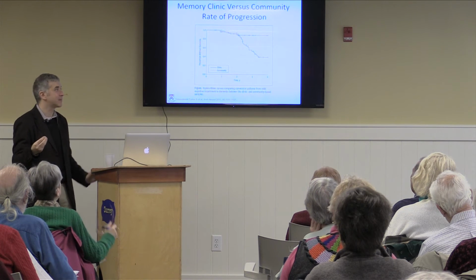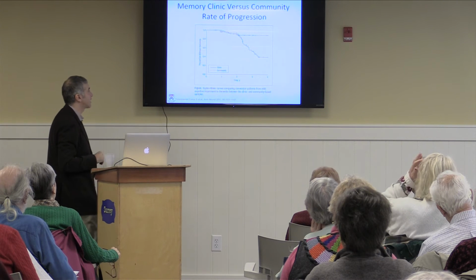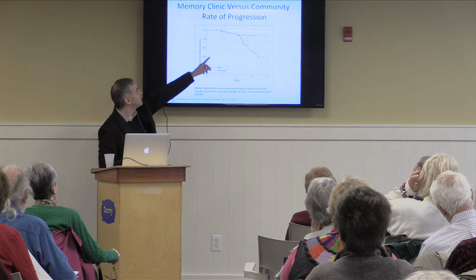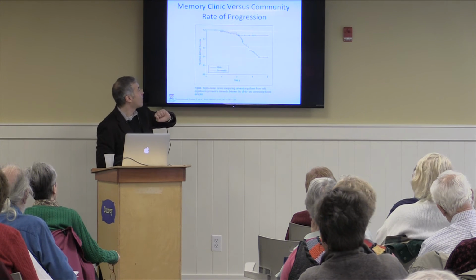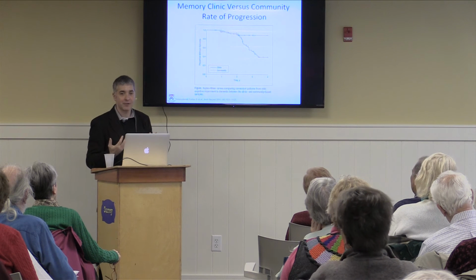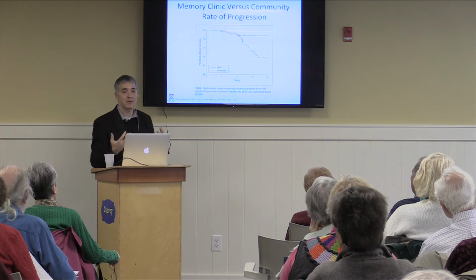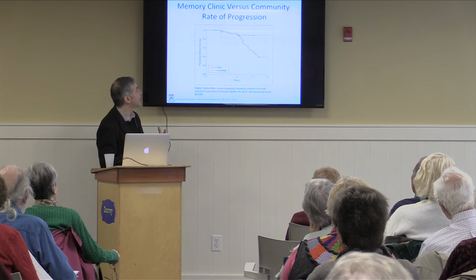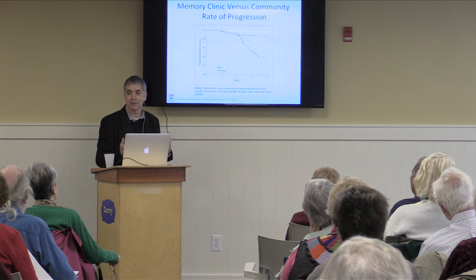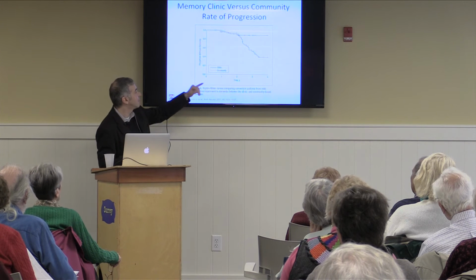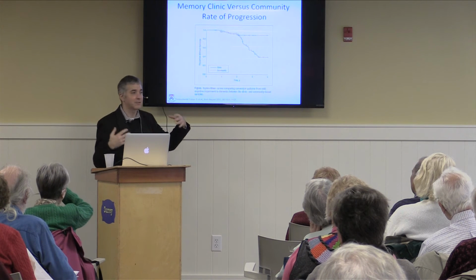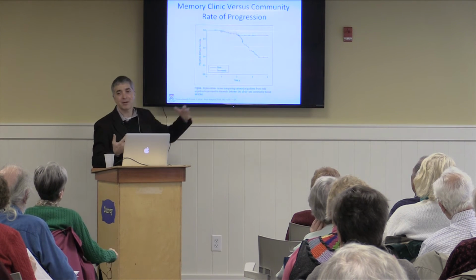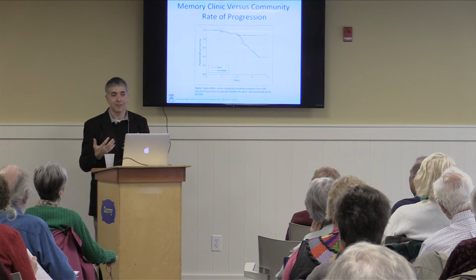It's a less specific diagnosis. So this is a complicated figure, but basically the top line shows the proportion of people over 4 to 5 years in a community setting with mild cognitive impairment that go on to develop Alzheimer's disease. It's only about 15% of those people, whereas in a more specialty center like our own, about 60-70% go on to develop Alzheimer's disease.